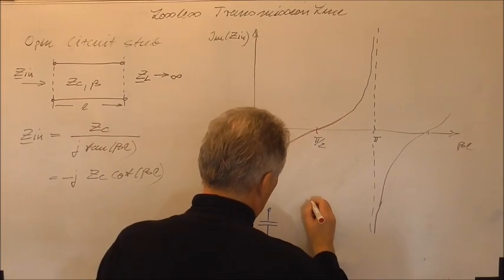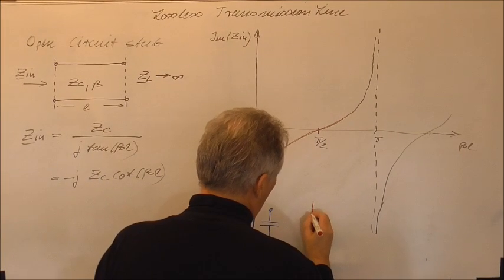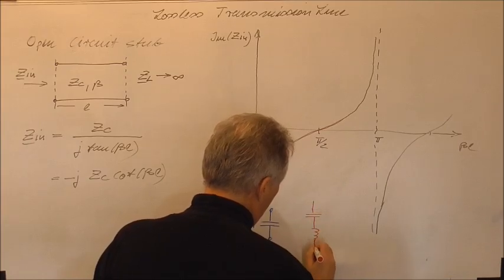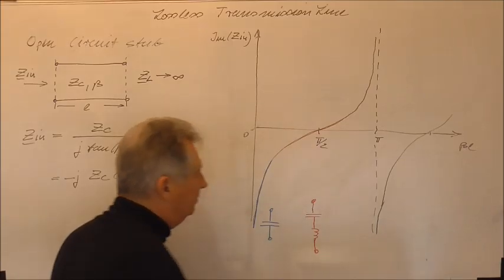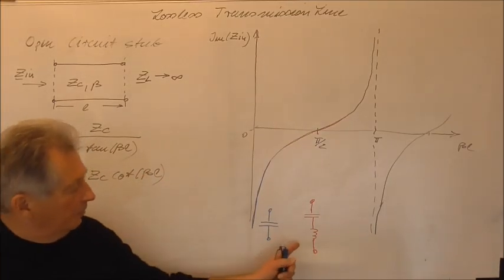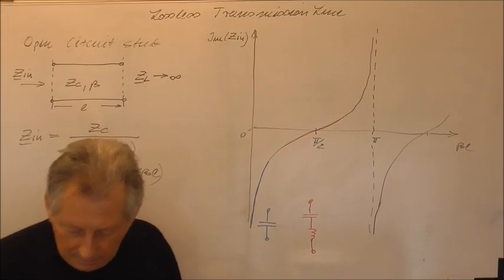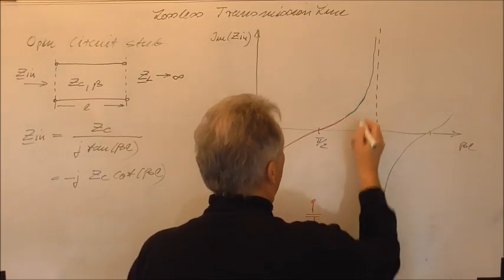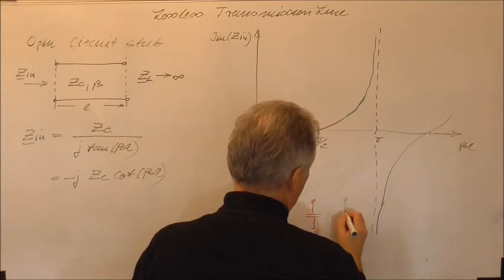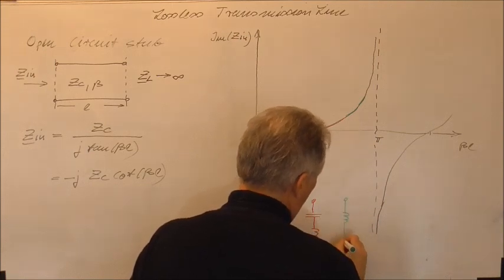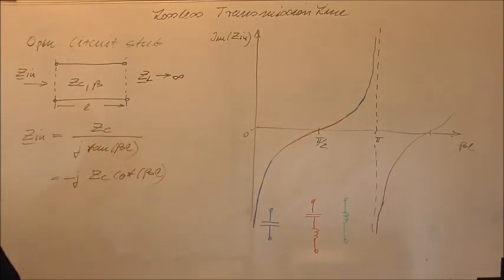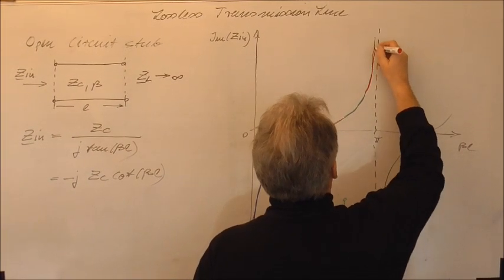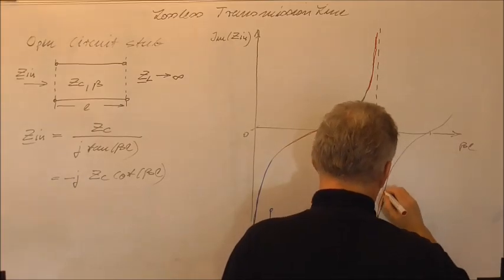So in this region it again operates like a series resonance circuit, and then we have again a region where we can use it almost as an inductance, and then we again undergo a transition, but now from positive infinity to negative infinity.